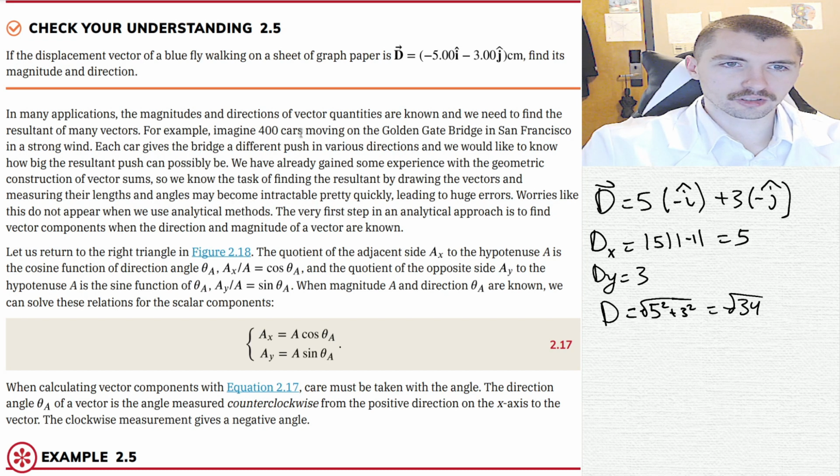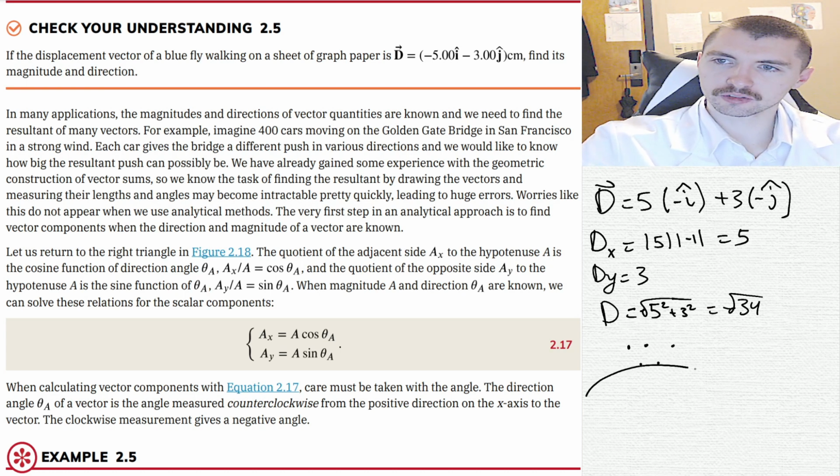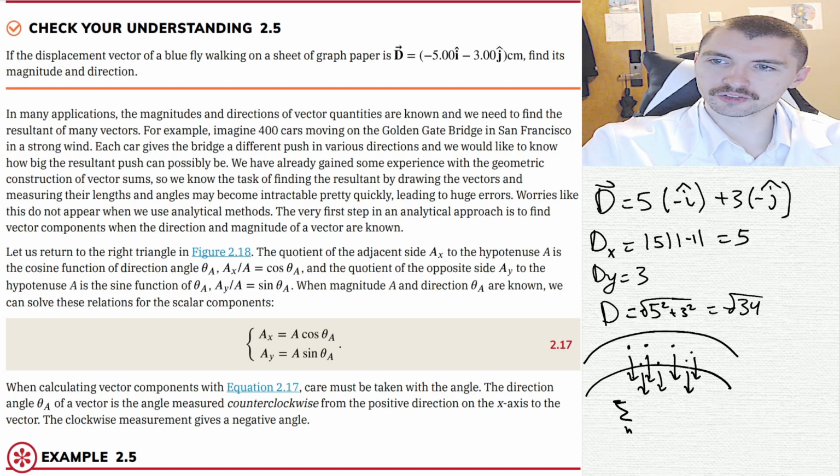So imagine 400 cars moving on the Golden Gate Bridge. If you have a bunch of cars on the road, on a bridge, each one has a vector. You want to sum all of these vectors from n equals 1, 2, 3, 4, 5, 6, 7.